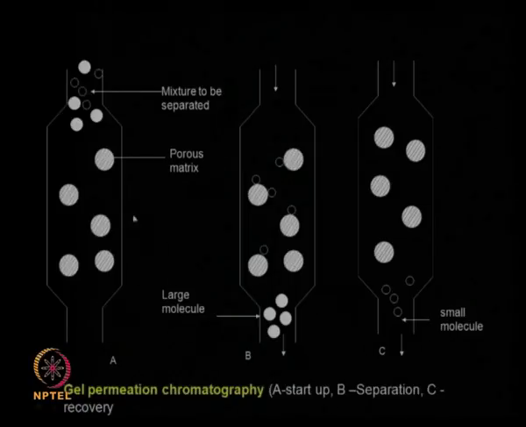So what you have in this particular setup is a porous matrix, and pores are present in the solid. Small molecules like small metabolites or small proteins or small peptides enter this porous matrix, whereas the large ones, that means large sized molecules or large molecular weight molecules, do not have any interaction with the porous matrix, so they start travelling faster.